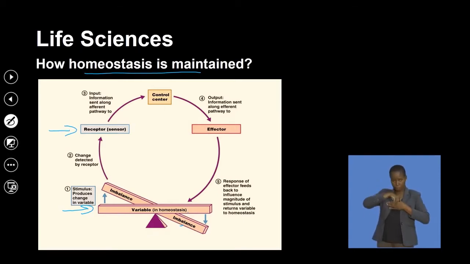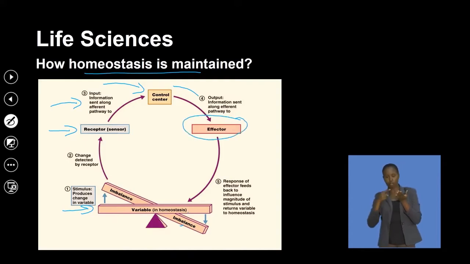It will then inform the control center, and the control center sends a signal to an organ called the effector. That effector will respond to the stimulus and bring about a change, which will try to bring the body back to balance or restore what the imbalance was.